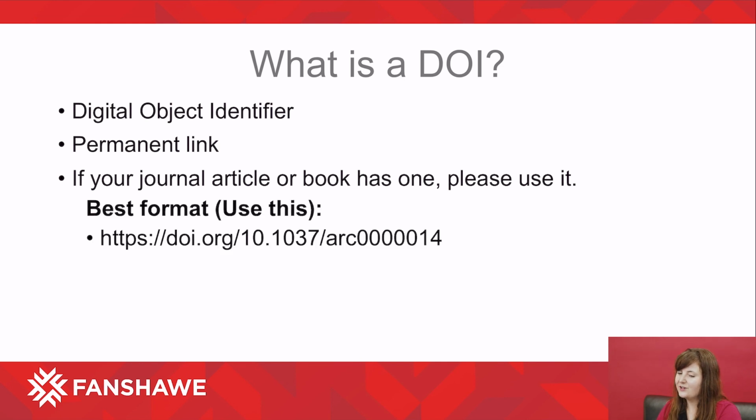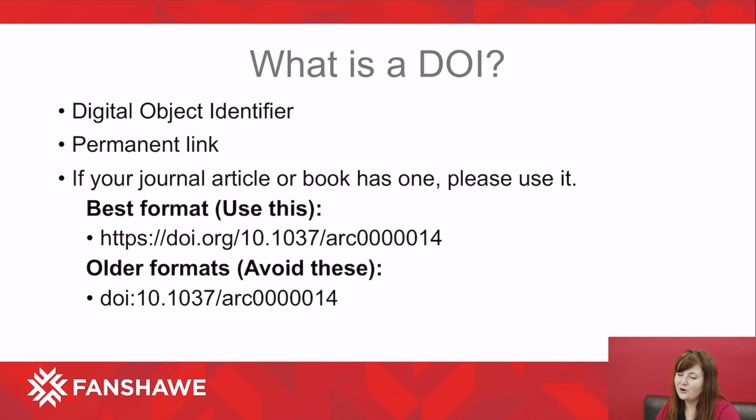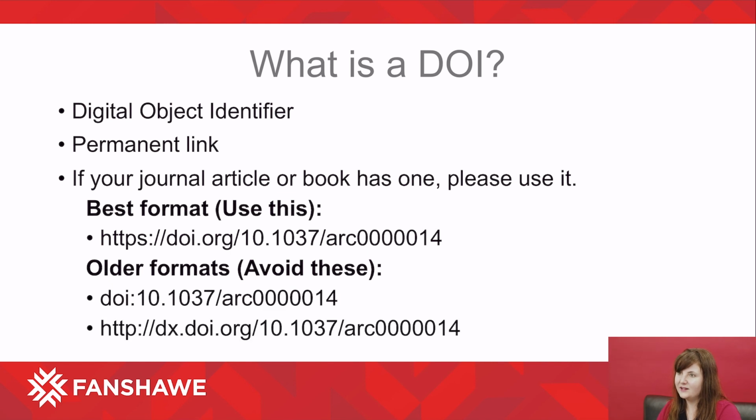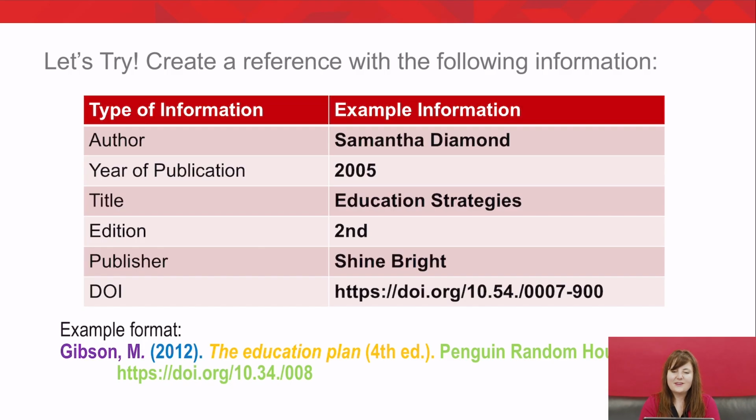The best format for a DOI has this beginning to it: https://doi.org, and then you'll have an alphanumeric code that follows afterwards. There are older formats for the beginning of DOIs that you might come across, but you would just change those older formats to that newer format that I just mentioned, and you can see on the page here is the best format.